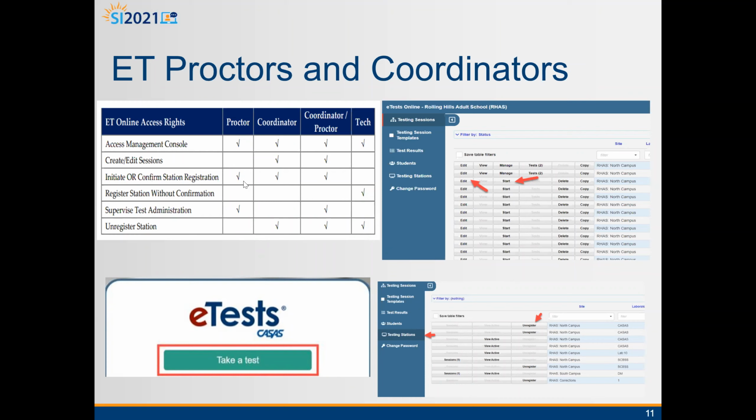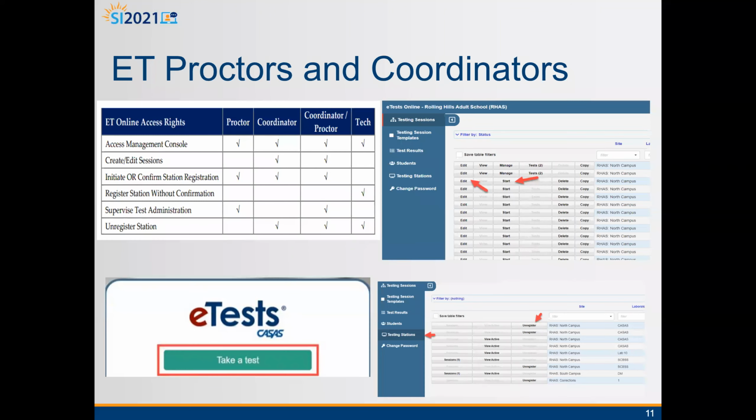Initiate or confirm station registration. This is actually a little outdated. What happened was when COVID had the schools shut down and everything, CASAS had to find a way to make the registration of computers a lot easier. So now you only need one proctor, coordinator, or proctor to register a computer.